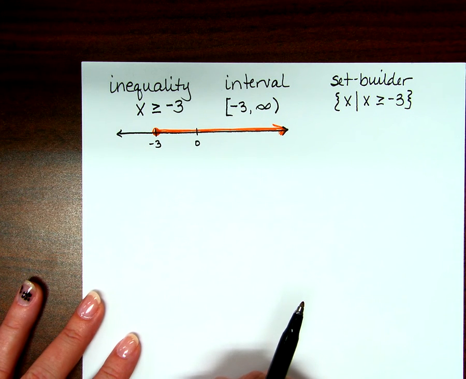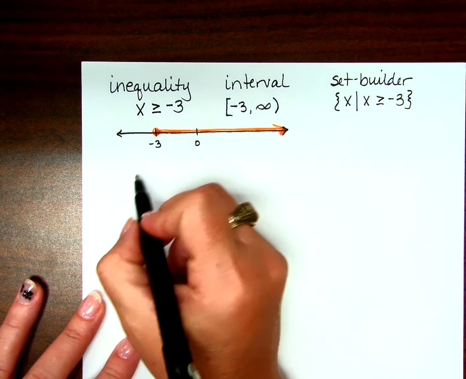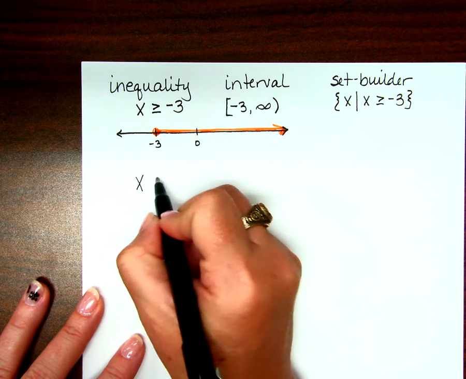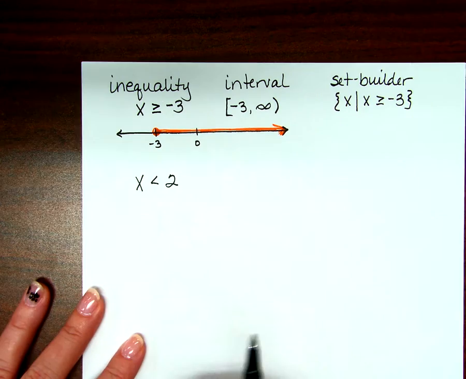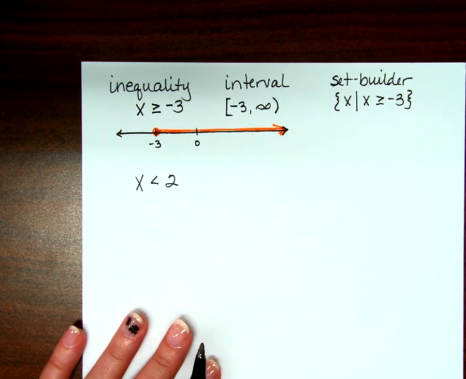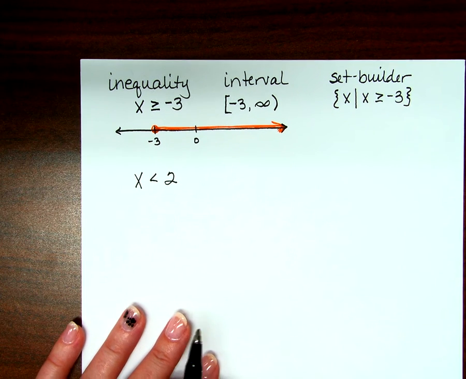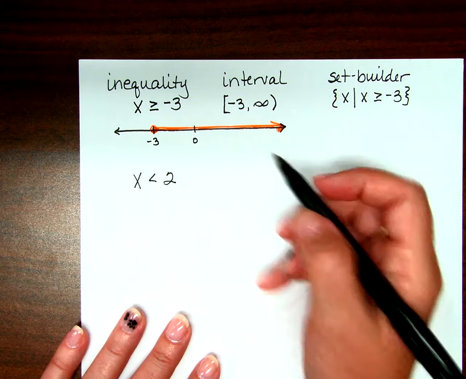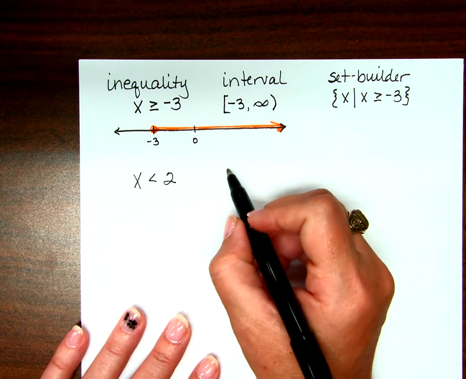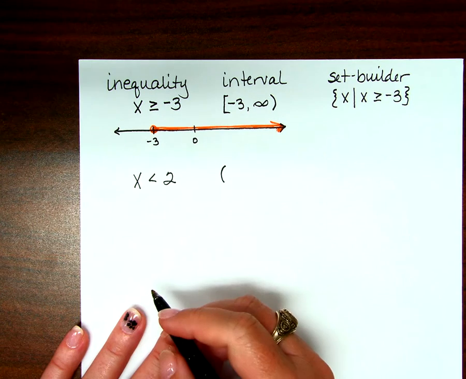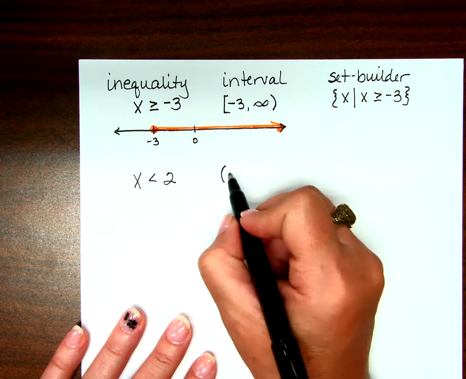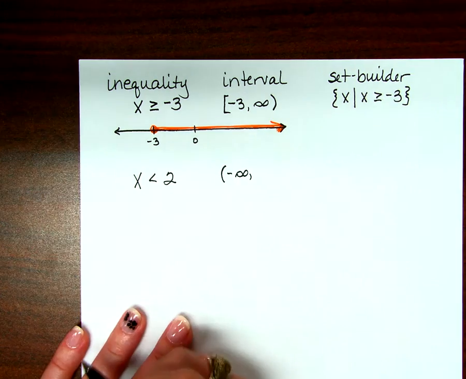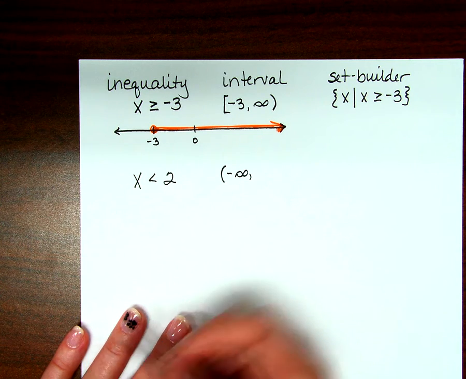Okay? So what about if it says X is less than 2? If that's inequality notation, what does interval notation look like? Not bracket? Negative infinity. So 2.